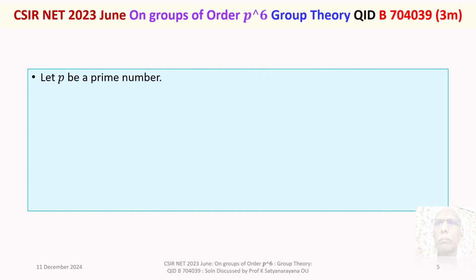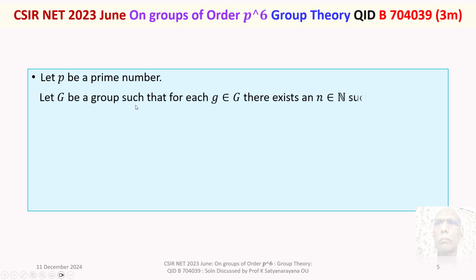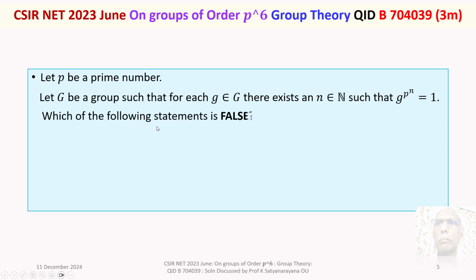The given question is: let P be a prime number, let G be a group such that for each small g belonging to capital G, there exists a natural number small n such that g to the power p to the power n is 1, where 1 is the identity of G. Which of the following statements is false?